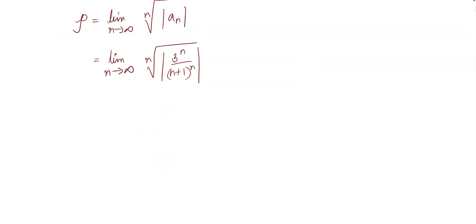Now again, investigate. Your n is a positive integer, so n plus 1 will be a positive integer. So things are good here. We can drop the absolute value bars. And then that would be the limit as n approaches infinity of the nth root of 3 over n plus 1, all to the power n.